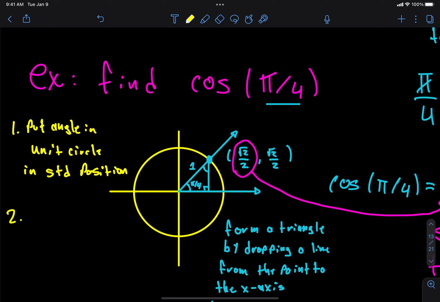What was step 2? Once we had the angle in here, step 2 was to complete the triangle by dropping a vertical line segment.